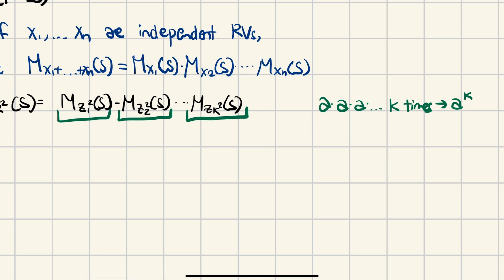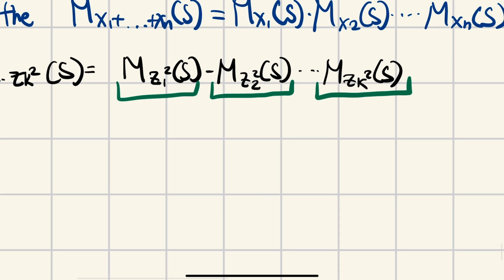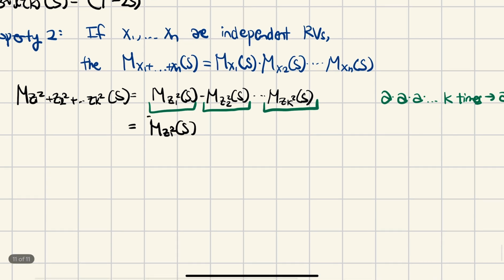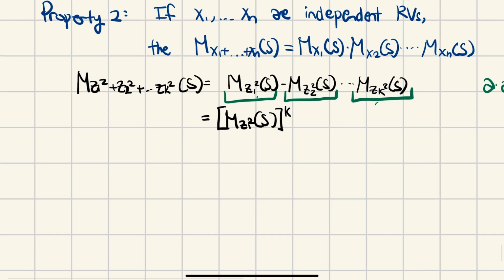So this is basically just the moment generating function of z1 squared to the power of k, because the MGF of z1 squared equals the MGF of z2 squared equals the moment generating function of zk squared.